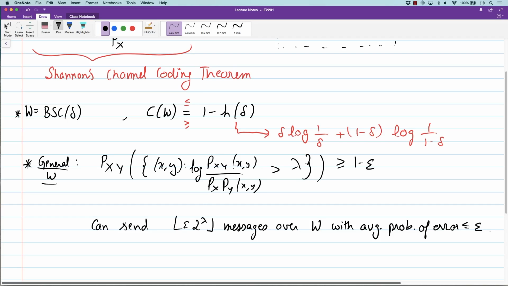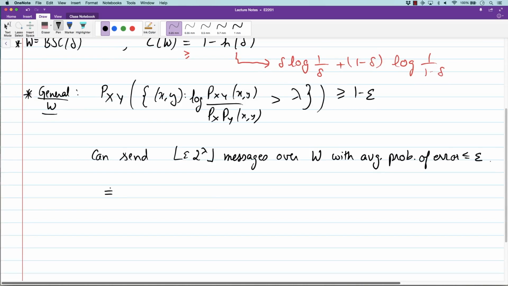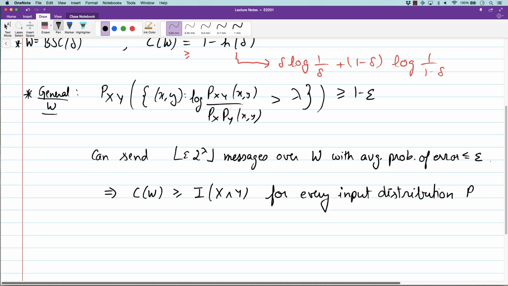So the right choice of lambda is n times the expected value of individual terms, which is the divergence between the joint distribution and the product of marginals, which is the same as mutual information. From that, what we obtained last time was that the number of messages you can send per channel use is asymptotically roughly 2 to the power n I(X;Y). So the capacity exceeds this for every input distribution Px.